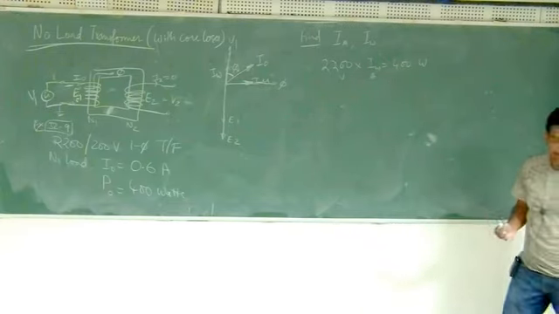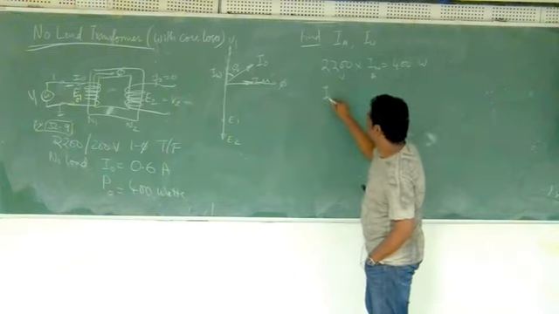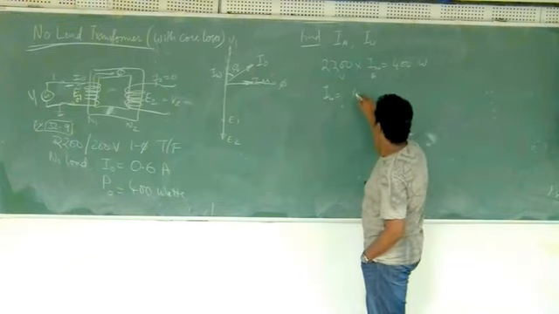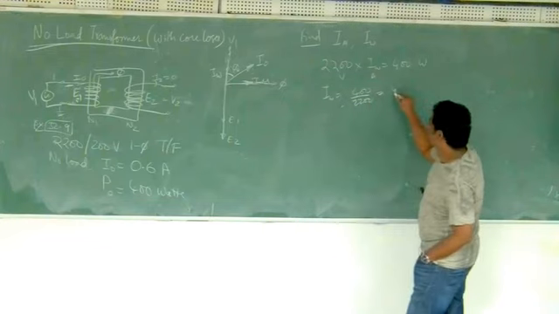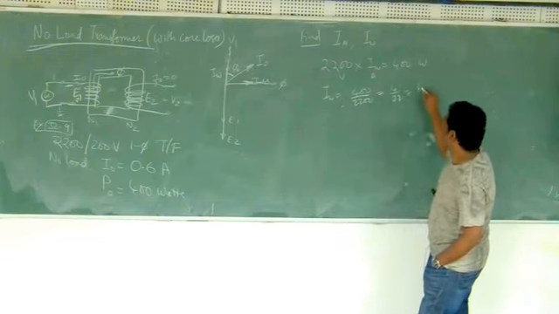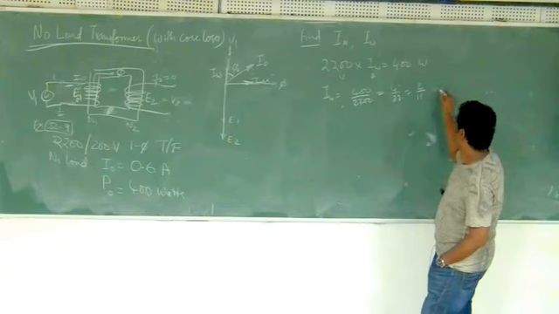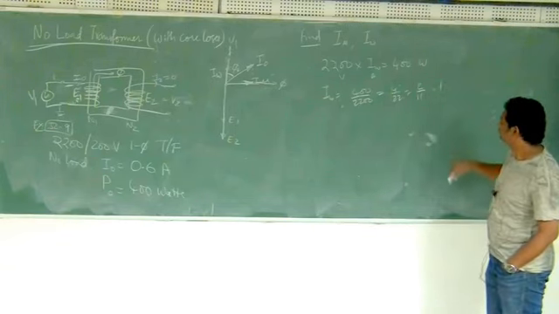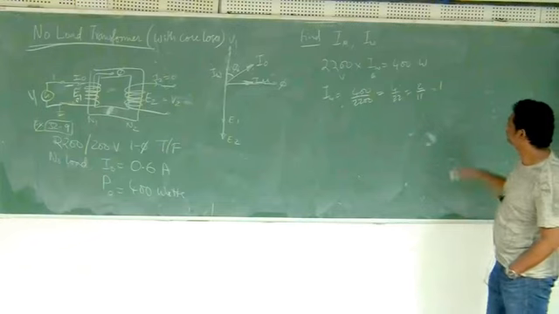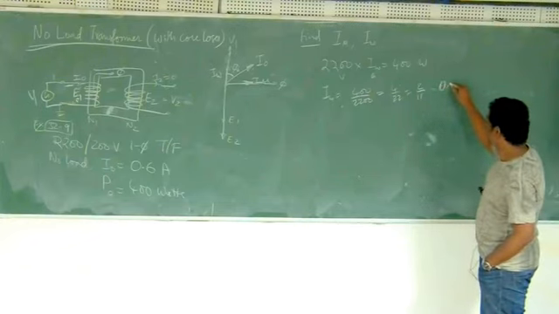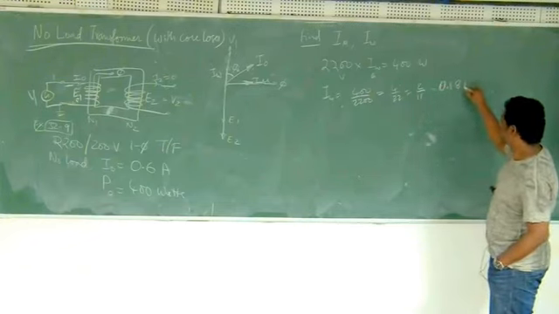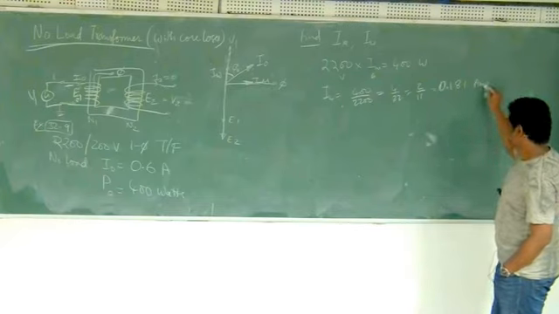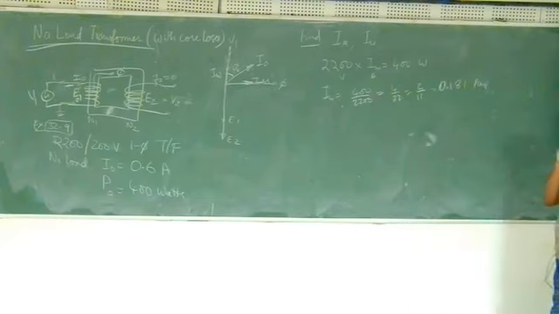So IW is 400 by 2200, which is 4 by 22 or 2 by 11. How much is that? 0.181 amperes.